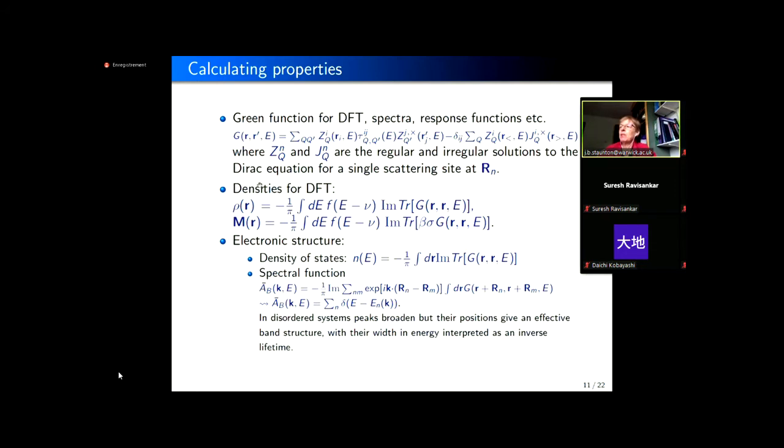So from that point, one then can extract out the densities that one would need if you're iterating to convergence in the density functional setup. So you get the charge density by taking the trace of the Green's function, taking its imaginary part and so forth, and integrating up to the Fermi energy, or at finite temperatures using the Fermi-Dirac function, where nu is the chemical potential. And then to get the magnetization, one would also take a trace with the Pauli matrix. Remember, these are 4x4, so beta is a 4x4 matrix.